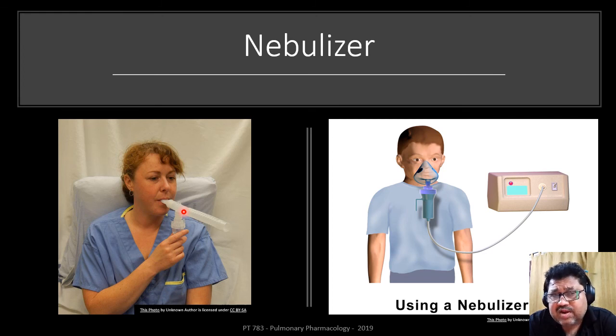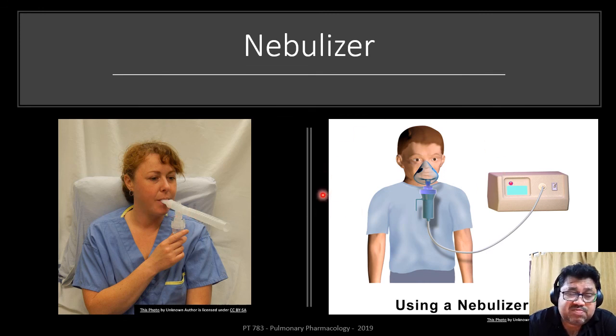Typically, it requires an electrically powered compressed air unit, as shown in the second graphic, or it can be a pressurized oxygen cylinder. Either way, you can inhale using a nebulizer using this device on the left, which is called the T-piece. This T-piece essentially allows the person to keep on breathing using their mouth.